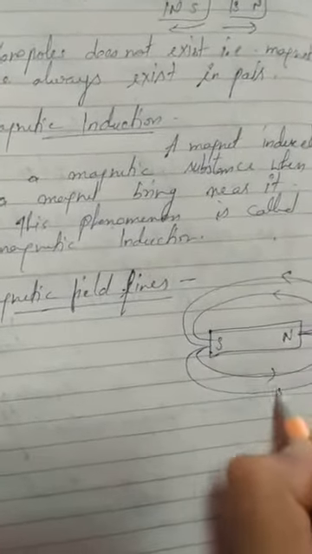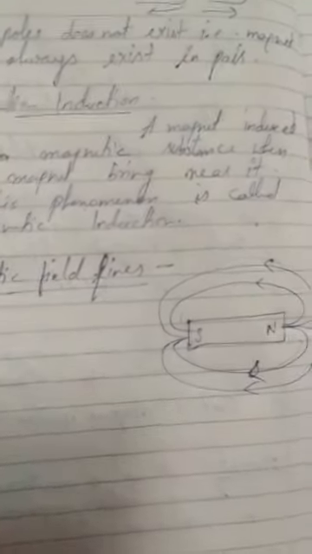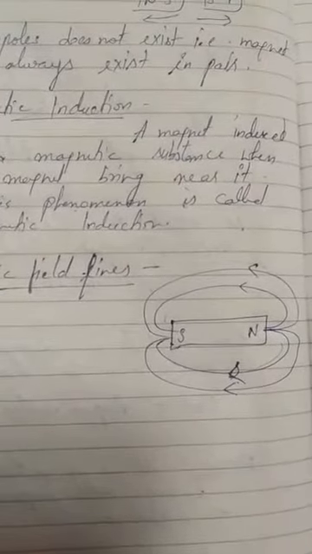These are the magnetic field lines surrounding any magnet. Then a magnetic field will be created, and this magnetic field will act up to where the magnetic field lines extend.